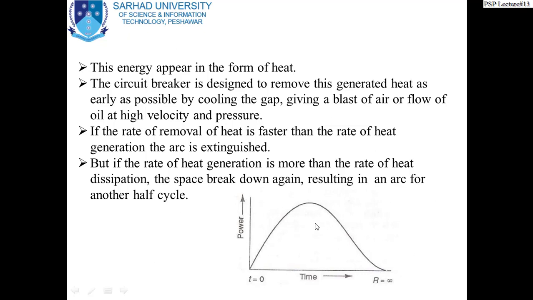So this current will continue for another 0.01 second, and again it will be decided. But if the heat dissipation is more than the heat generation, the current will be suppressed and the arc will be extinguished, and of course separation between the moving contact and the fixed contact will occur, and everything will be normalized.